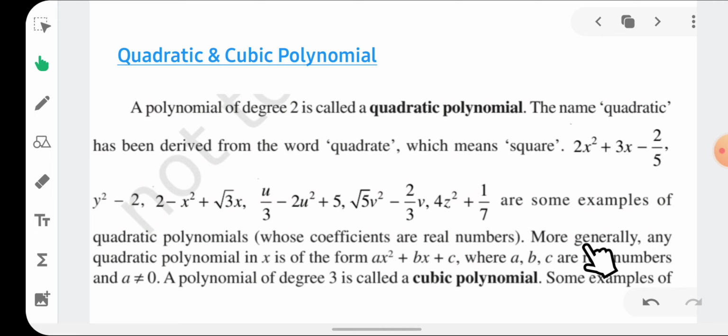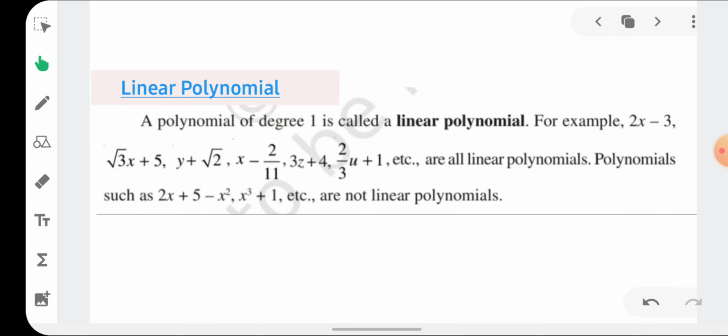Now, if we look at the examples, more generally the quadratic polynomial in x is of the form ax square plus bx plus c. The general form of a linear polynomial is ax plus b. This is known as the general form.